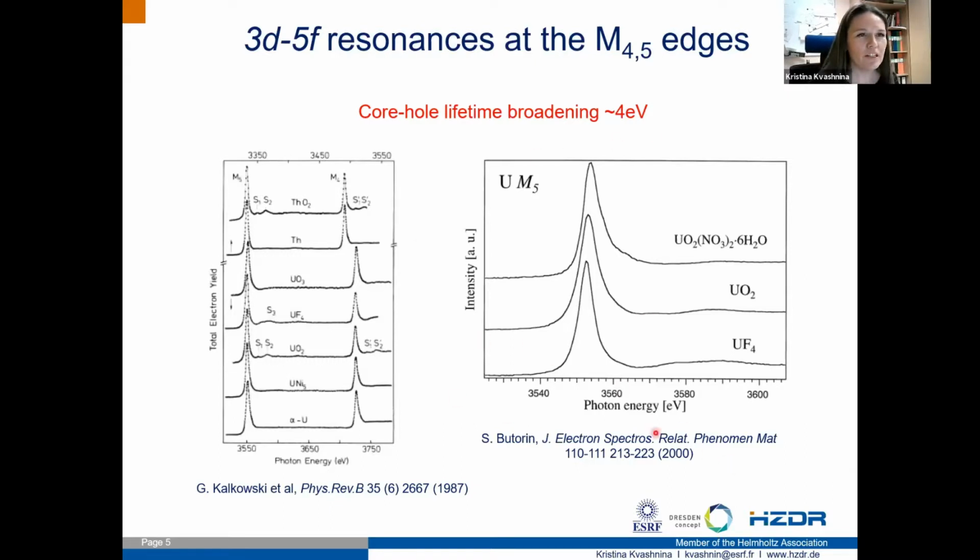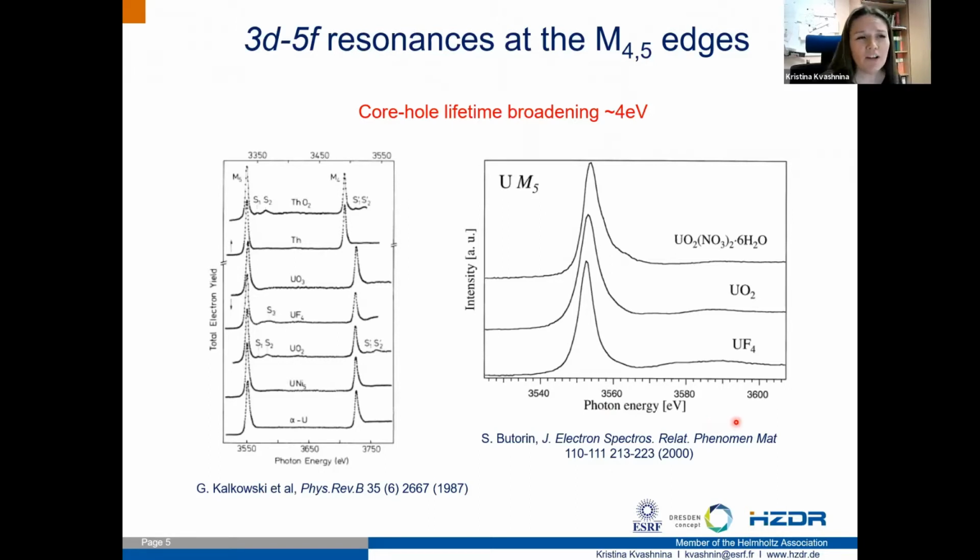What you see here is the uranium M5 absorption edge recorded for different uranium compounds. They have different oxidation states, but also different chemical compounds. Just by inspection, you will see that in principle all three spectra look almost identical.